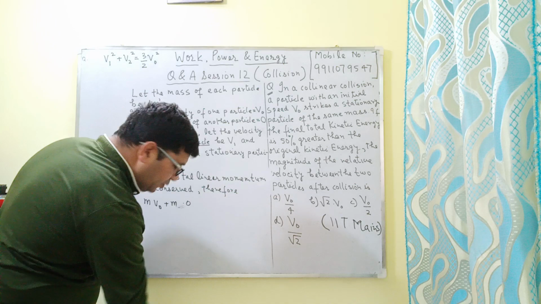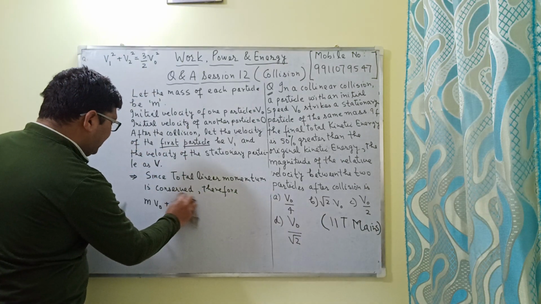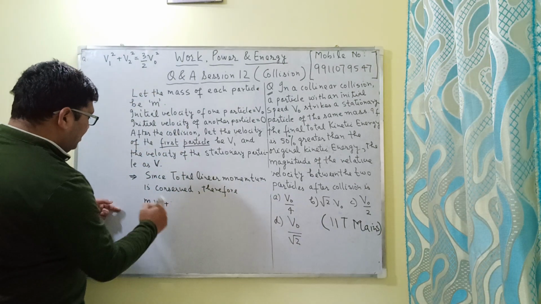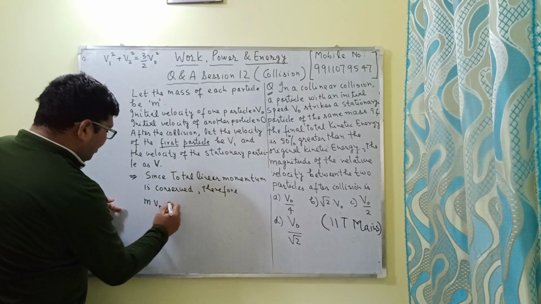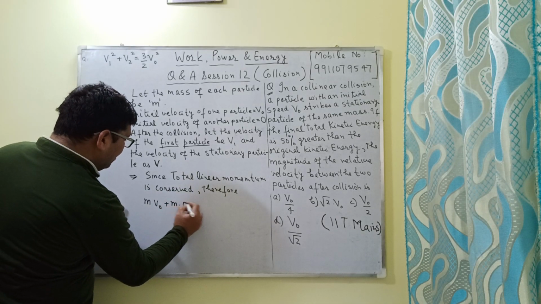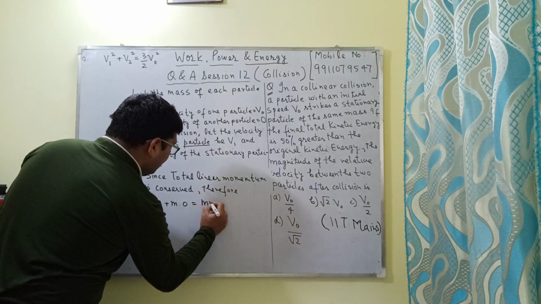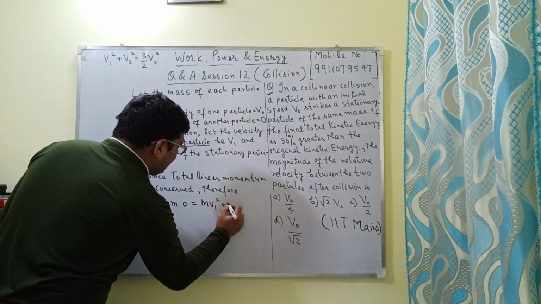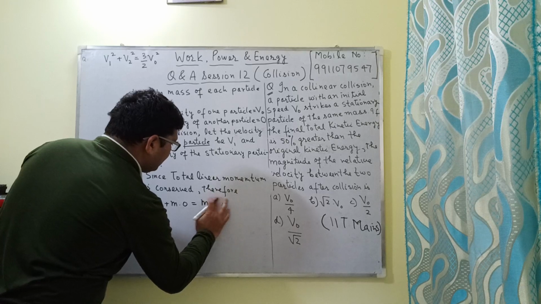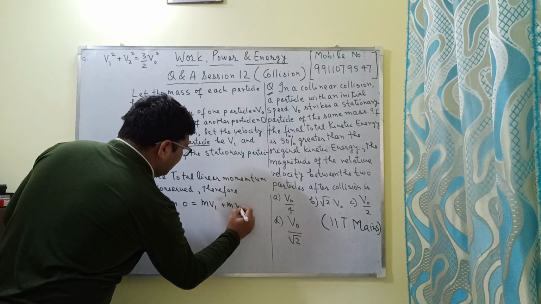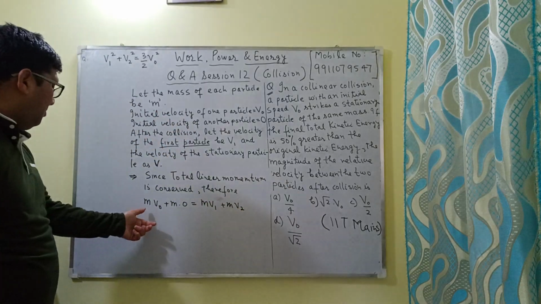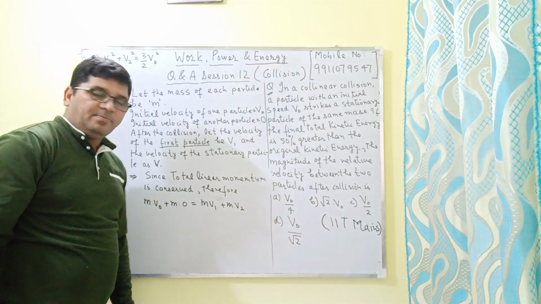Since the mass of both the particles is the same and we have taken it as m, therefore we will get m v naught plus m into 0 equal to m v1 plus m v2. Mass into velocity is the momentum.